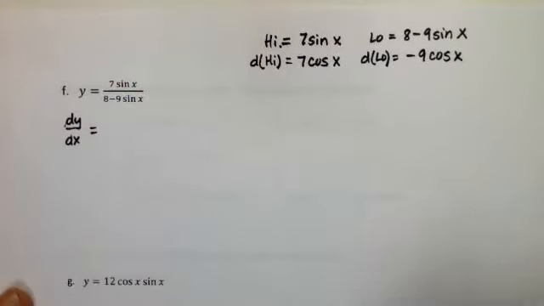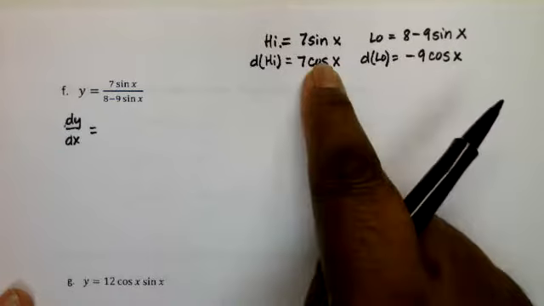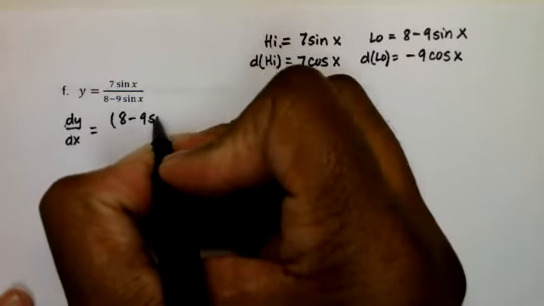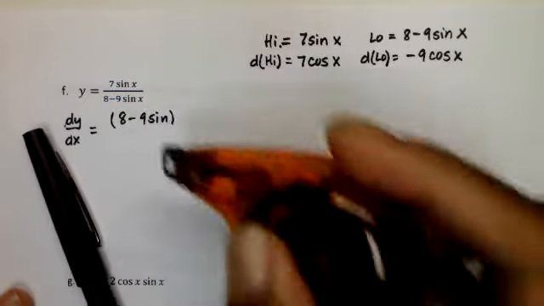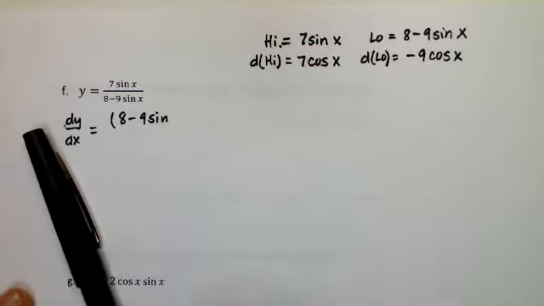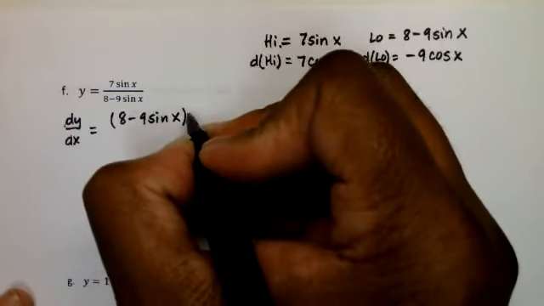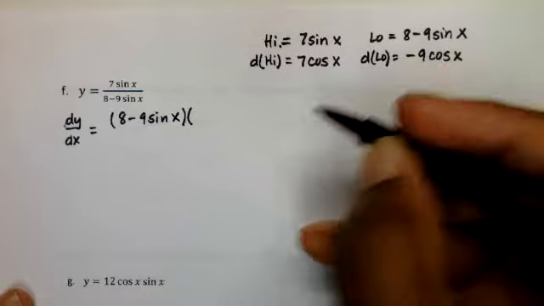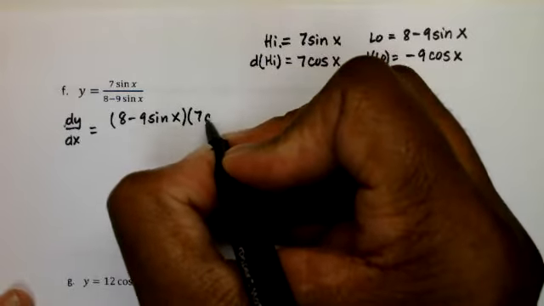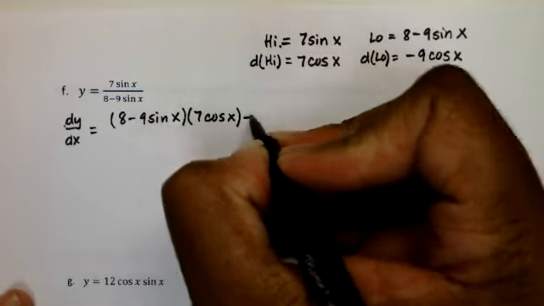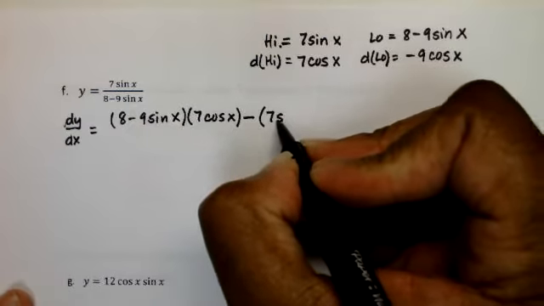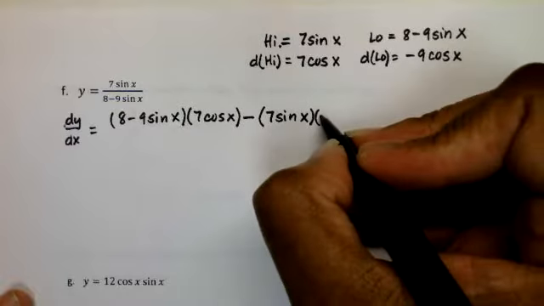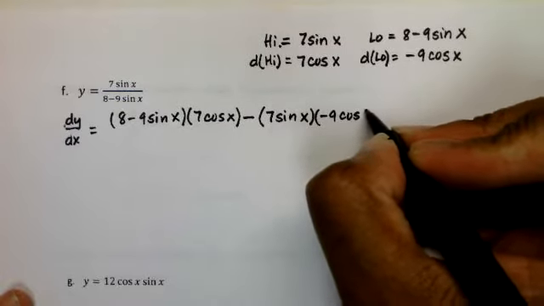Okay. So now dy dx, or y prime, doesn't matter, it's going to be low times the derivative of the high. That's going to be the 8 minus 9 sine x, 8 minus 9 sine of x times the derivative of the high, which is 7 cosine of x, minus the high, which is 7 sine of x, times the derivative of the low, that's negative 9 cosine of x.